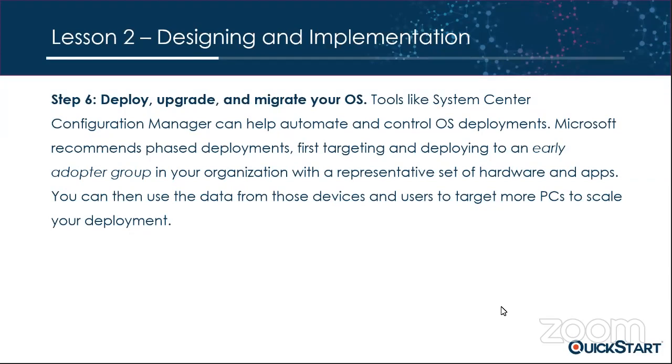It really helps to automate the OS deployment, whether it's Windows 7, whether it's Windows 8. So it really becomes a handy tool for automation. So Microsoft also recommends this System Center Configuration Manager.